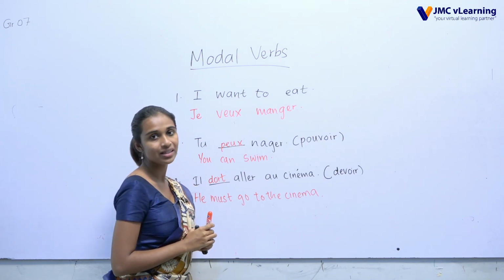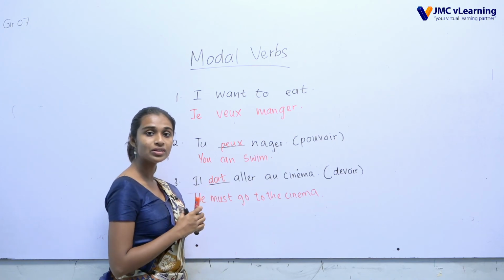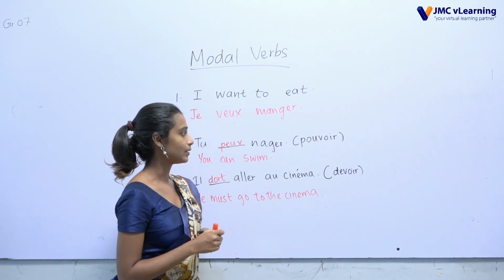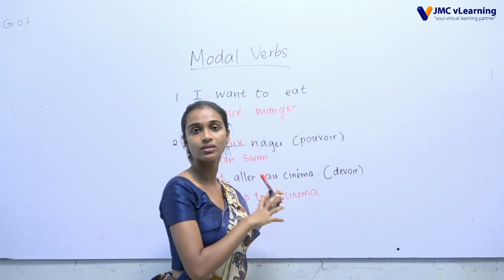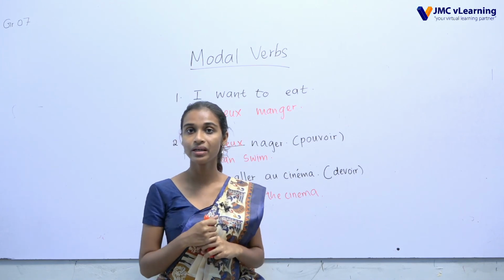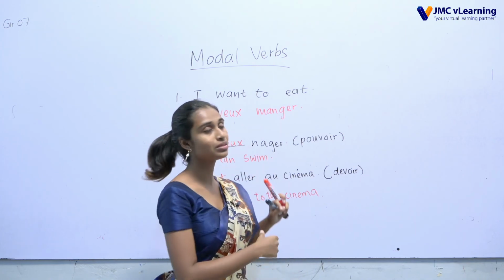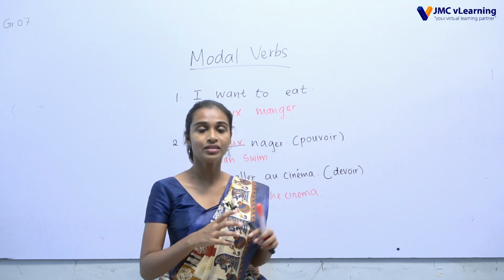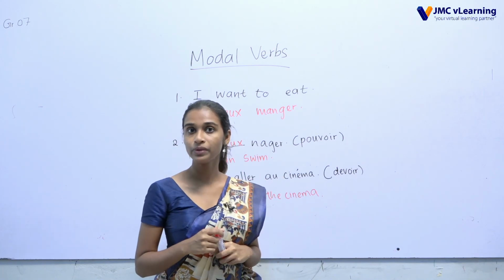After we learn all these conjugations by heart, we can even make more complex sentences using auxiliary verbs plus modal verbs. So our next lesson will be more complex, more advanced than these two types of verbs. Okay. So therefore I want you all to learn all these verb conjugations by heart.